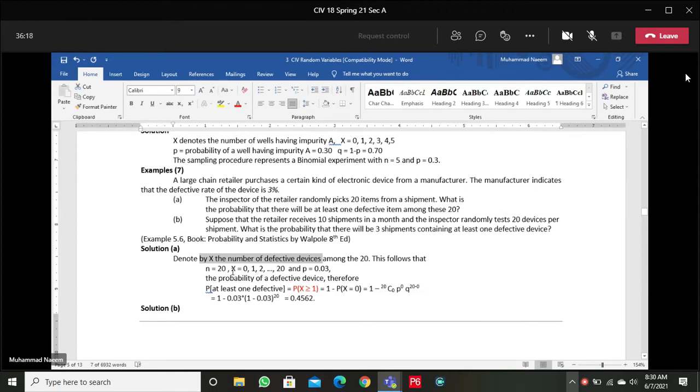And also we have mentioned the range and the value of p. All these four things, the definition of X, the range, the value of p, and the value of n.